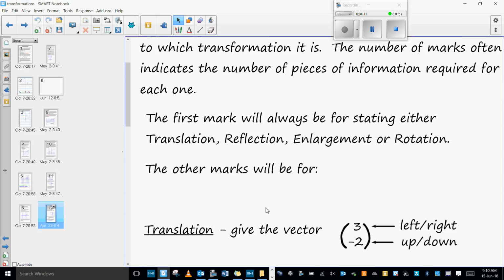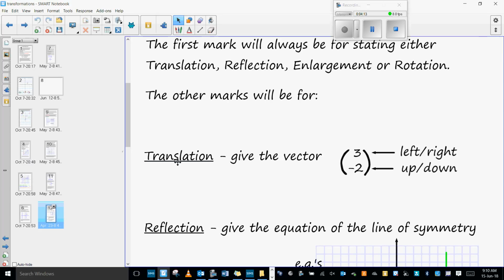Now, for a translation, you also have to give me the translation vector, so you will see that a translation question will be worth 2 marks, because they are the 2 pieces of information that they need.